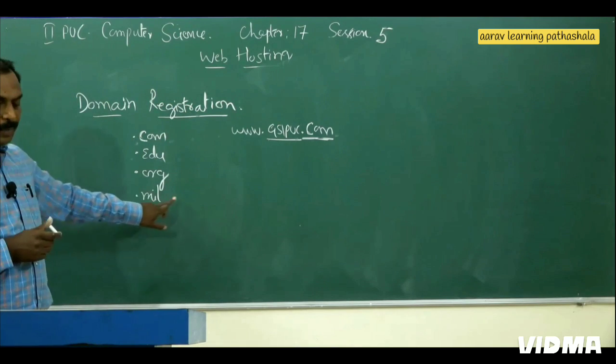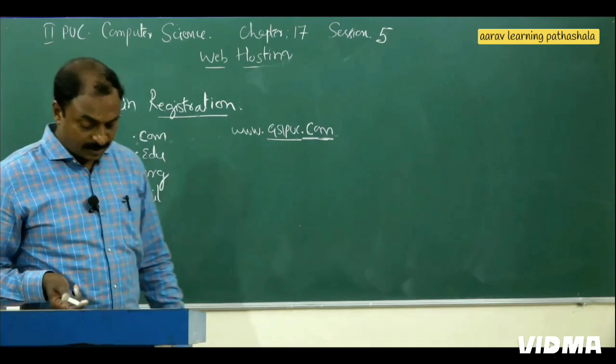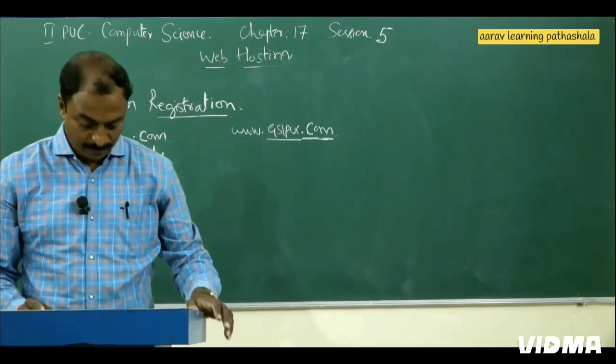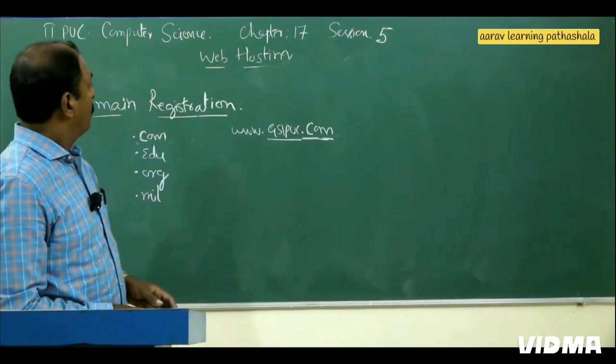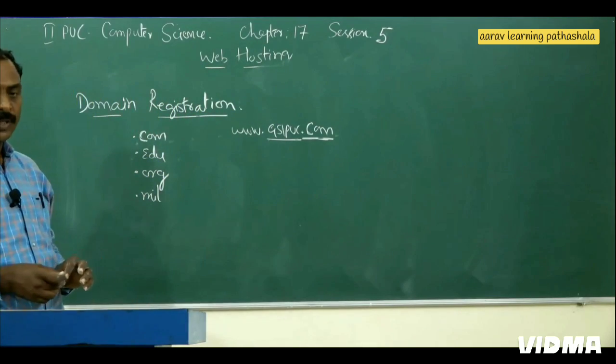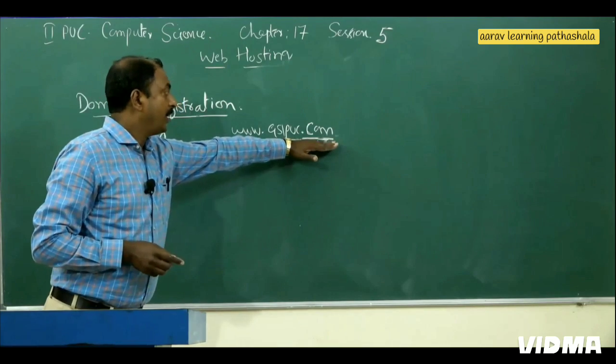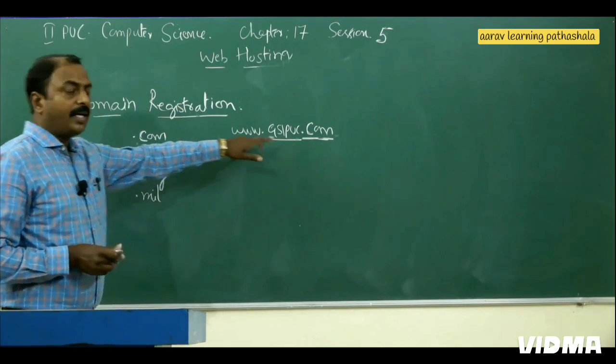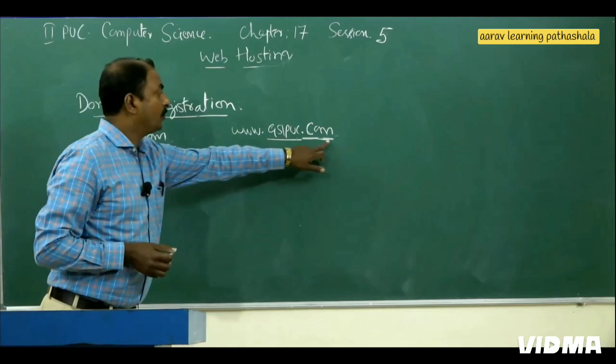Similarly we have .mil, which is for military applications at defense level. So first of all you should know what a domain is, and we are going to register now.